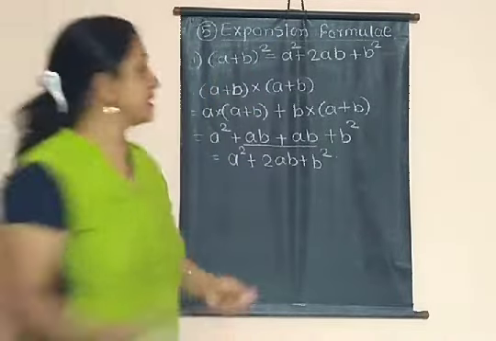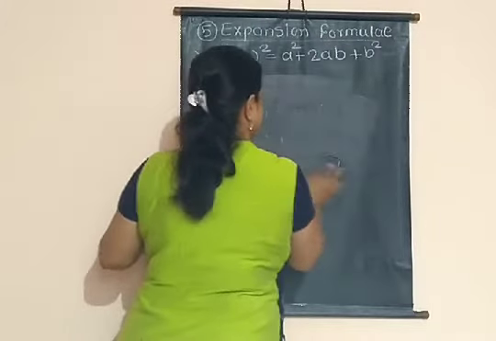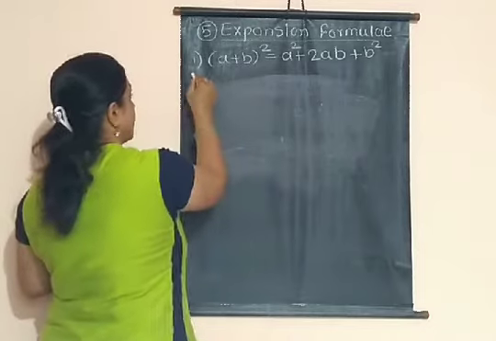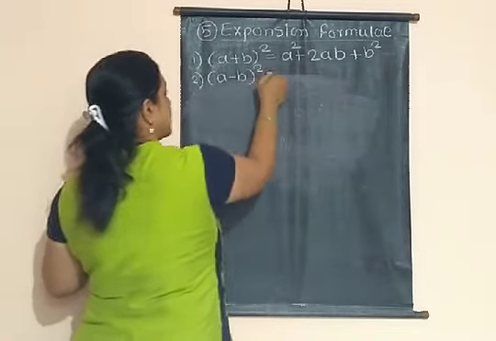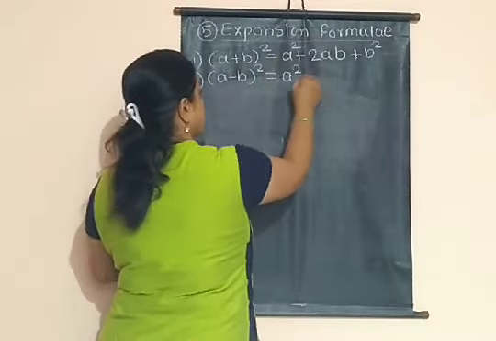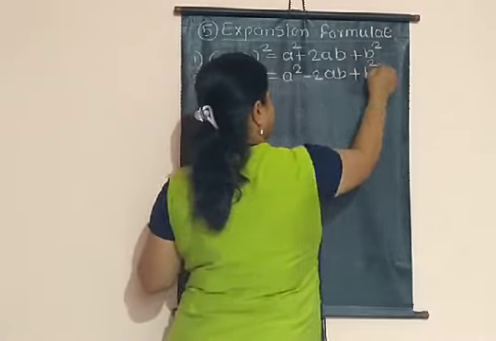Now see the second formula that we studied in 7th standard. The second formula is (a minus b) whole square, and its expansion is a square minus twice ab plus b square.